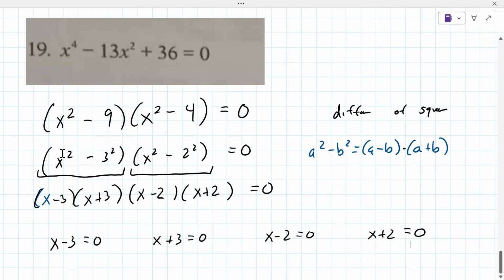Okay. Let's add 3 to both sides. And add 2, minus 2. Okay.